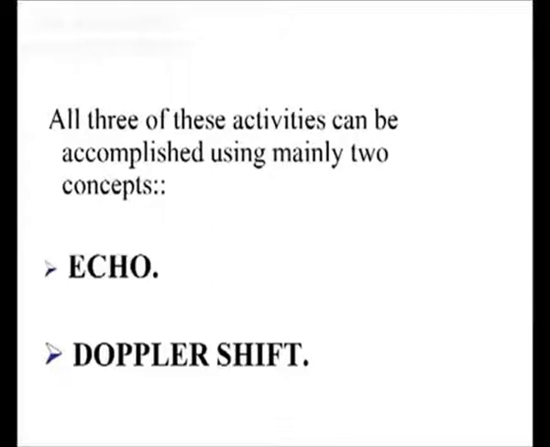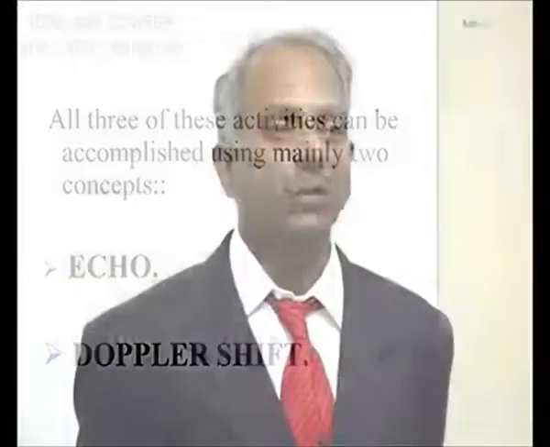We know from our earlier subjects that whenever there is a movement between transmitter and receiver, there is a change of frequency in the received signal depending on the movement. So, if you observe the change in the received signal frequency, that gives an indication of the speed. This is being exploited in these radars to find out the velocity of the target.